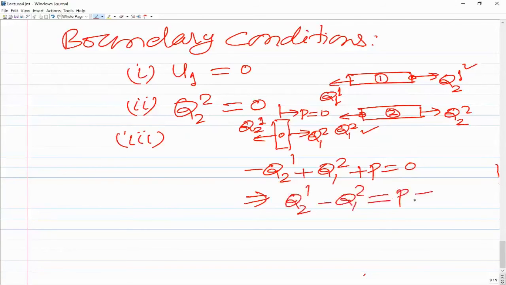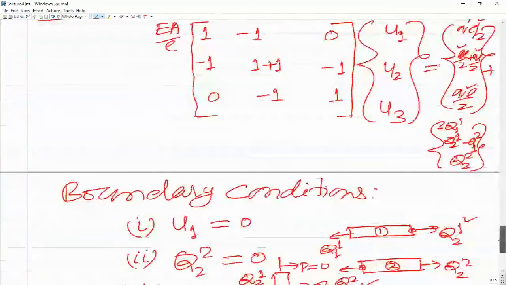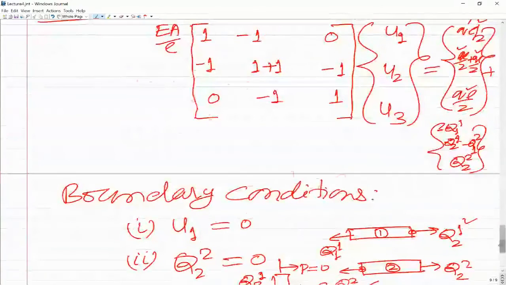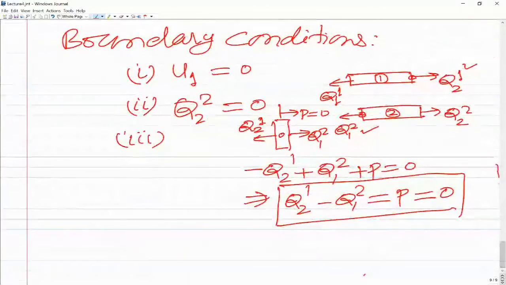And for the given case, since p is 0, q21 minus q12 is equal to 0. So this is the third boundary condition. If there was a concentrated force at node 2, then we would have put that value, but since that is 0, this is equal to 0.